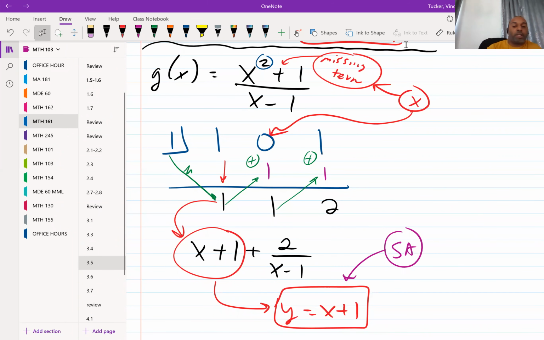Start off with one exponent less than what you originally had, which would be x to the 1st power. So x plus 1 plus 2 over x minus 1 would be the whole result for the division. But the answer that we need is just the x plus 1. That's our slant asymptote.